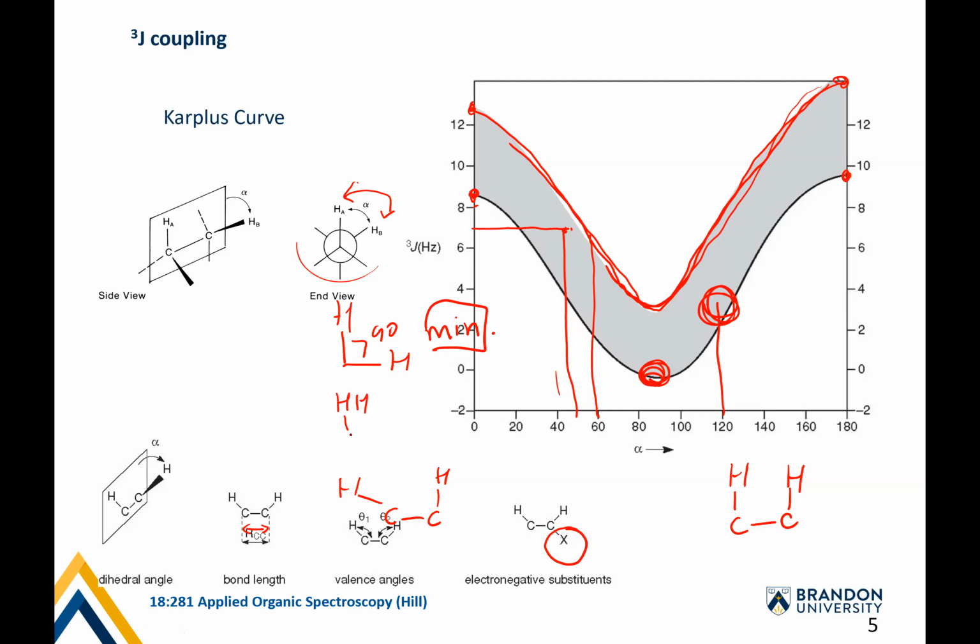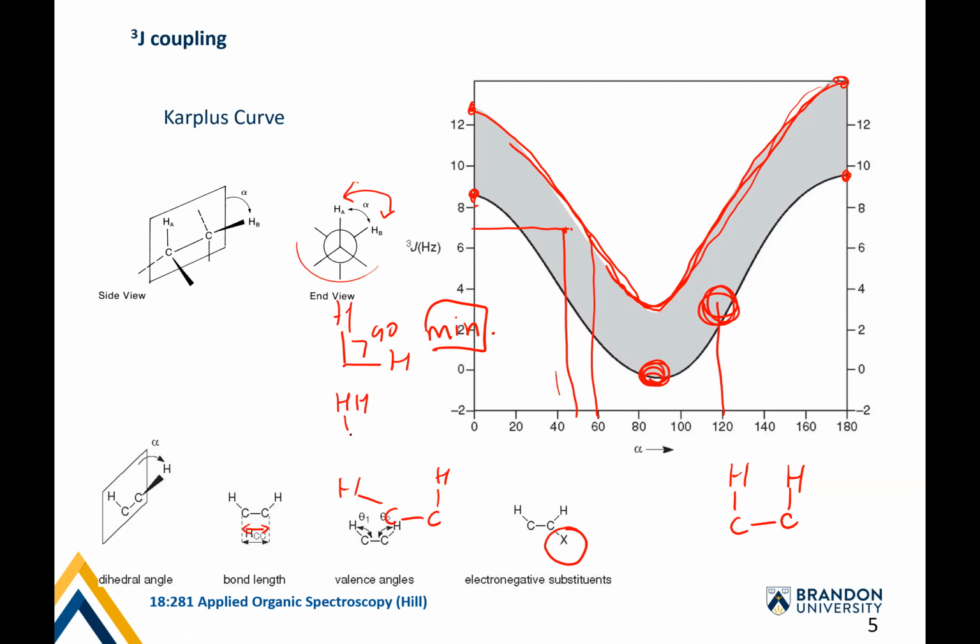And so there's not a whole lot of ways to test this, except for drawing little cyclohexanes and just asking people to predict what the coupling constants might be. Maximum, minimum, how you distinguish between the two.